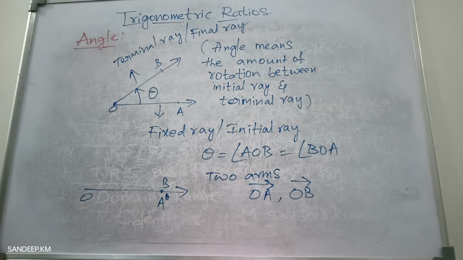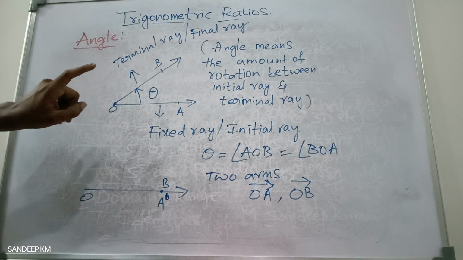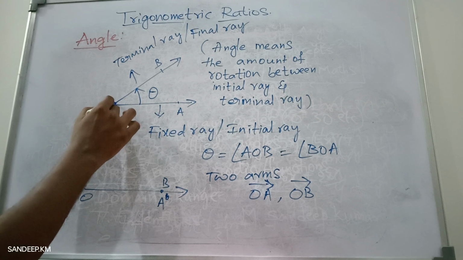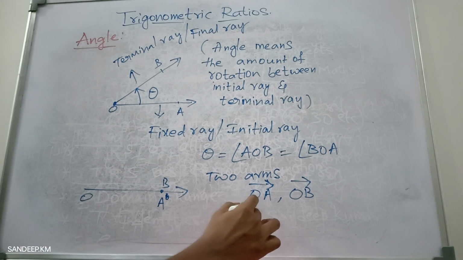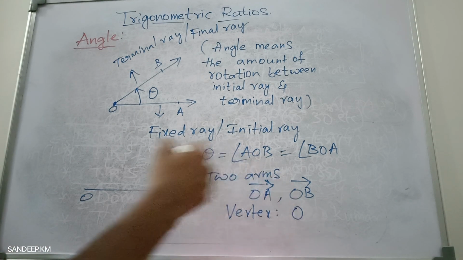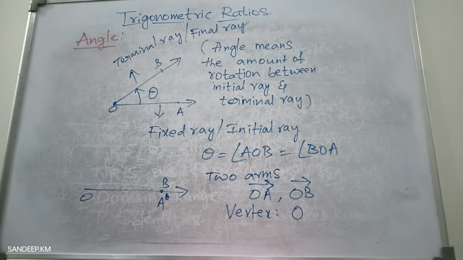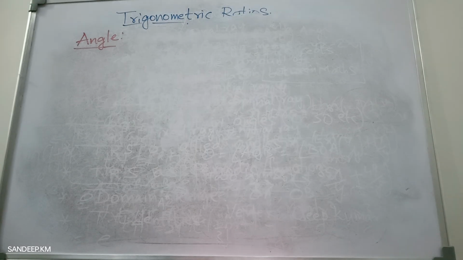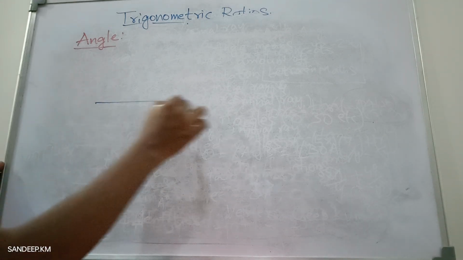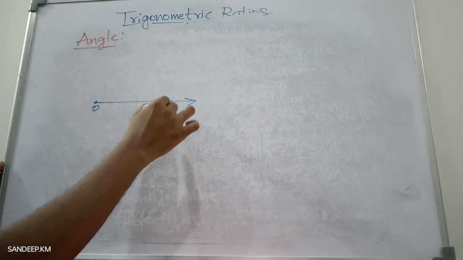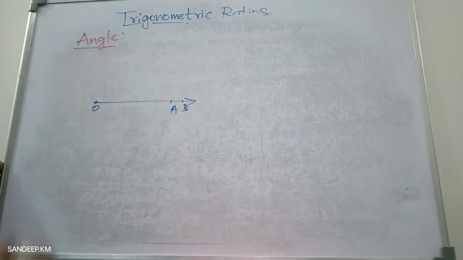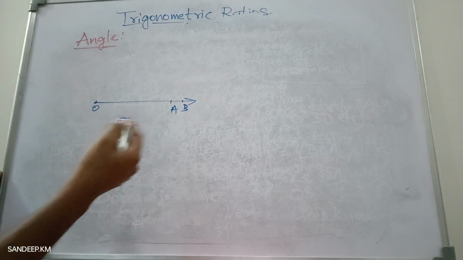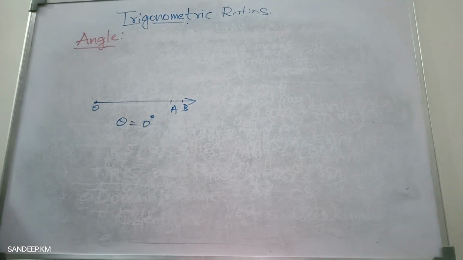Next, each angle has a vertex, and in this angle the vertex is O. Next, let us discuss angle in standard position. Before that, remember that initially when the initial ray and the terminal ray coincide, the amount of rotation is 0, therefore the angle is also 0.